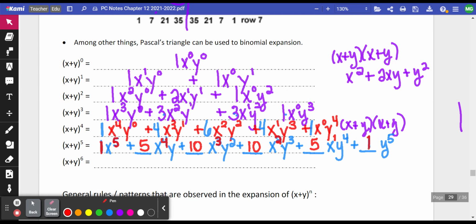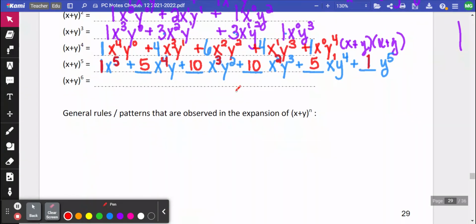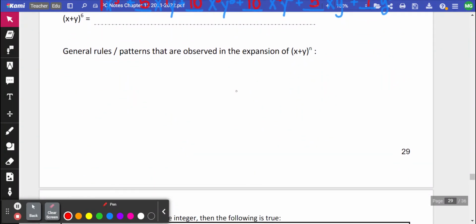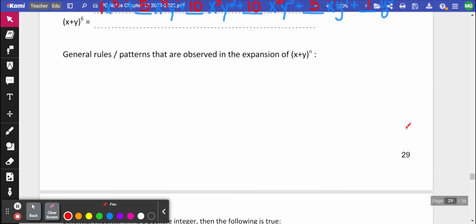Okay. So I'm not going to actually do the sixth one because it will take a little while. But what I want to do is talk to you about some of these patterns that we've noticed. So first of all, the rule that we just talked about, perhaps the most important rule, is this one.